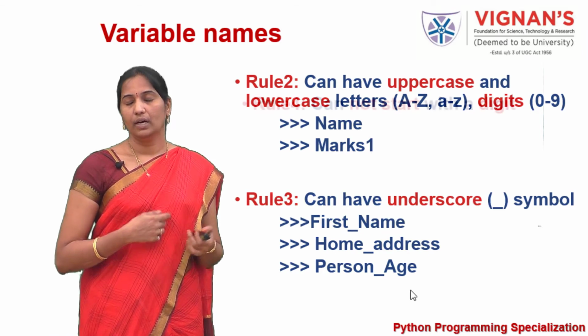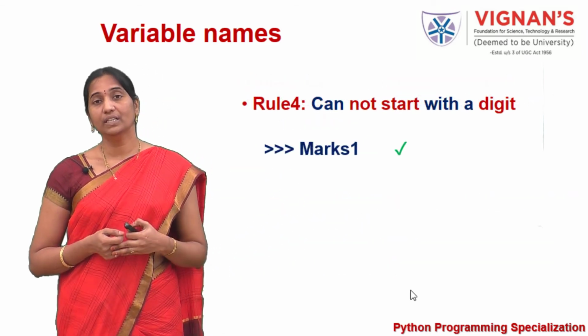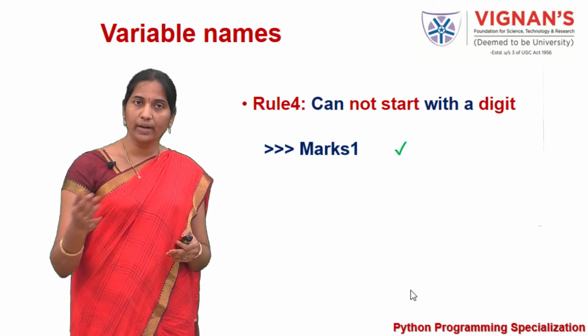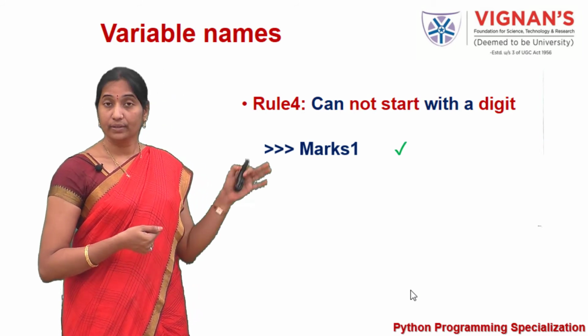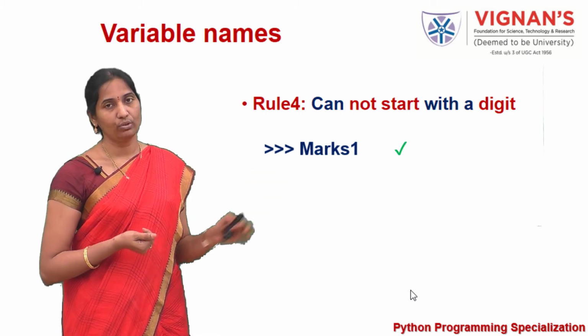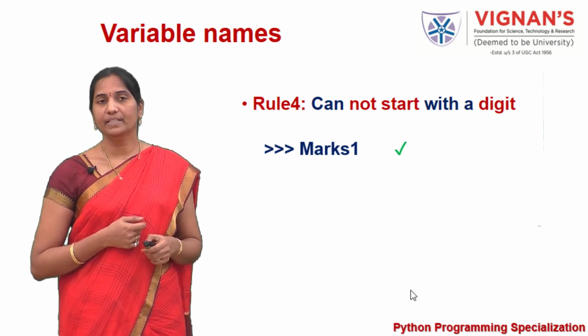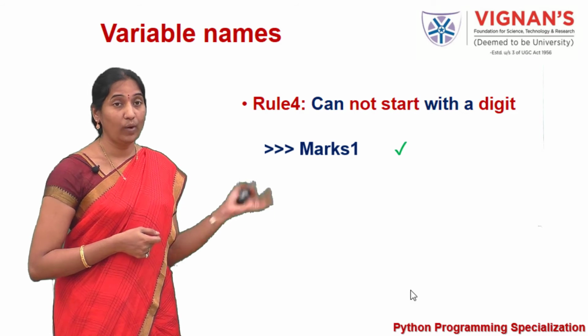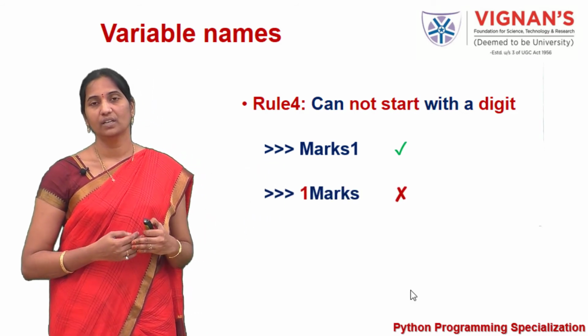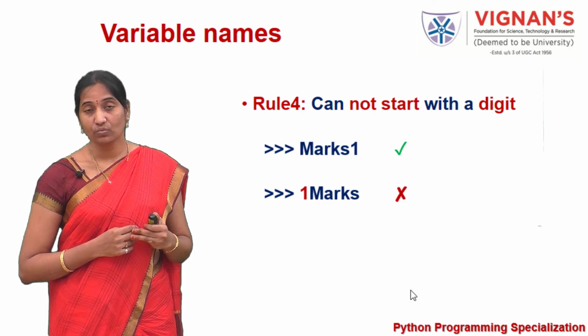Remember, a Python variable cannot start with a digit. You can have a digit wherever you want in the variable, but you cannot have it as the first character. So marks1 is of course valid because the digit is at the end, but 1marks is not valid as the variable name starts with the first character as 1.